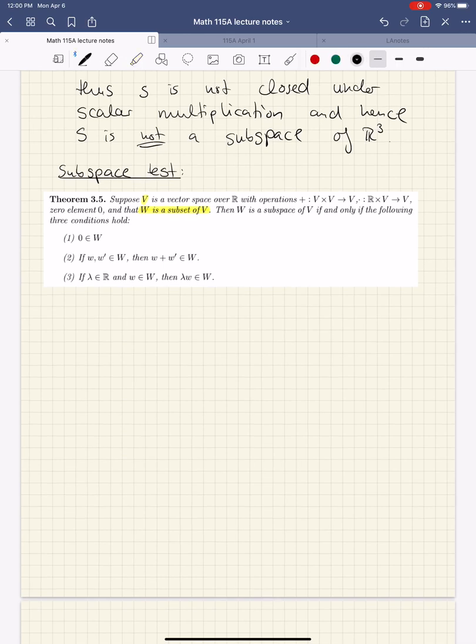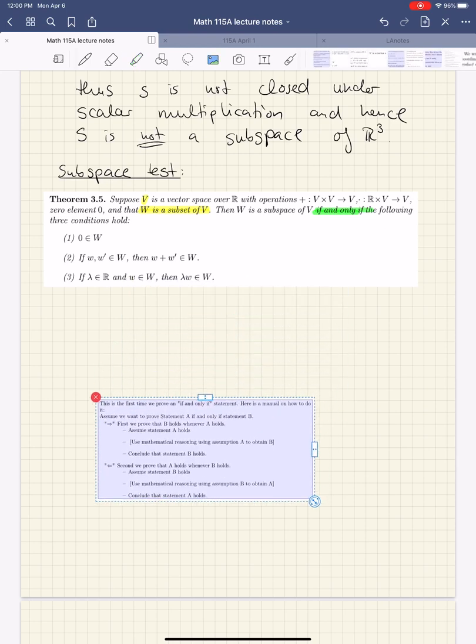Okay, and now we say, well, it's a subspace if and only if, this is something important, I will say more about it later, if and only if this 3 condition holds. The first one is that the 0 is an element of the set. The second one basically codes that it's closed under addition, and the last one codes that it's closed under scalar multiplication.